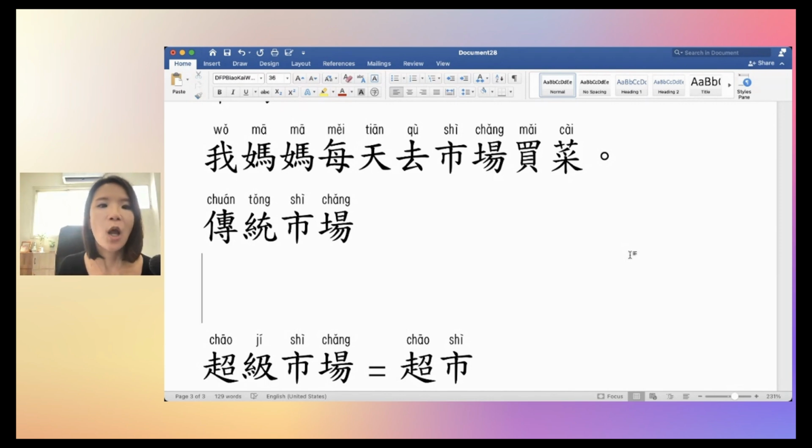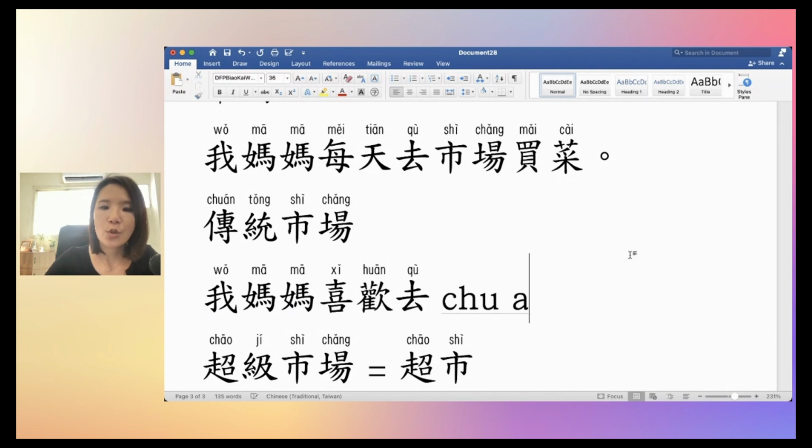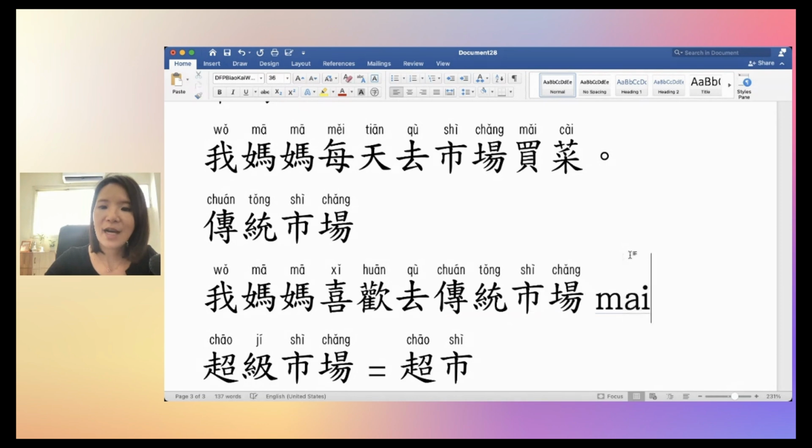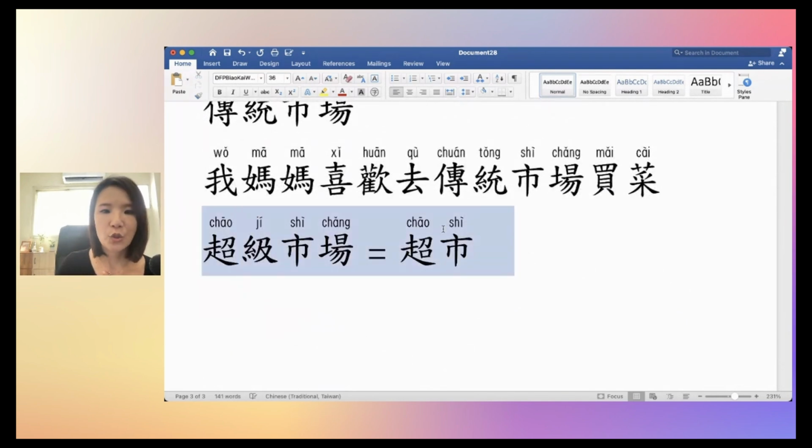In Mandarin, 我妈妈喜欢去传统市场买菜。Again, 我妈妈喜欢去传统市场买菜。非常好哦，买 to buy, 买菜。Okay, and 超市, 超级市场, supermarket.